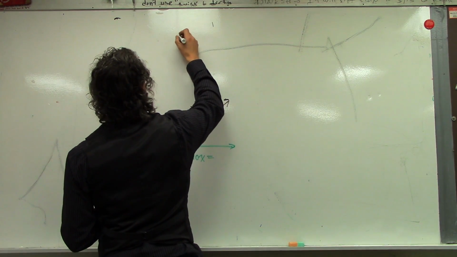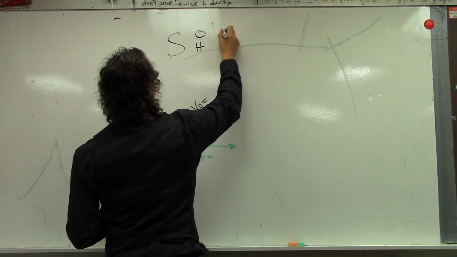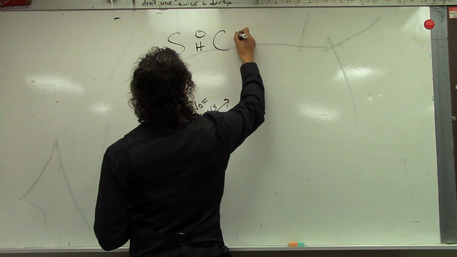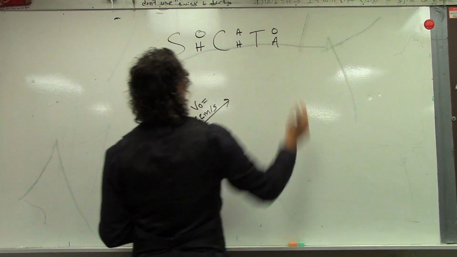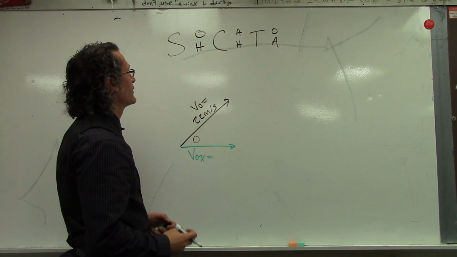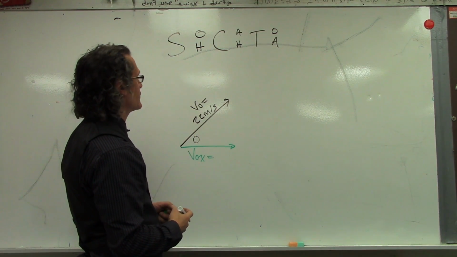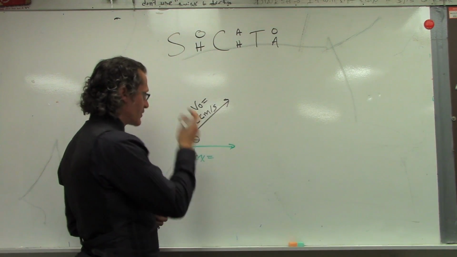I'm going to write SOHCAHTOA in the way that we saw it before, with the interesting kind of script, like so. SOHCAHTOA, maybe that's just how things are written in different places. Okay, theta's over here.